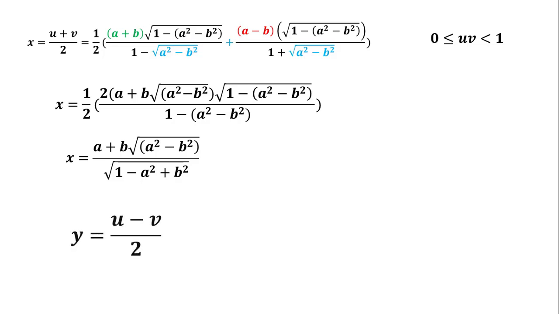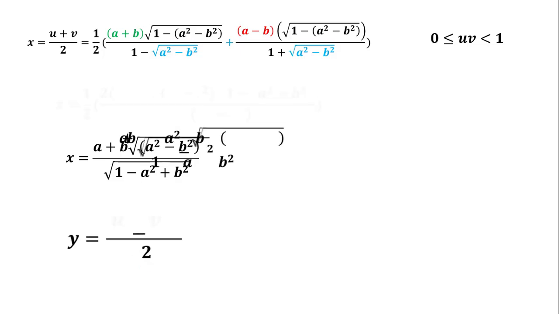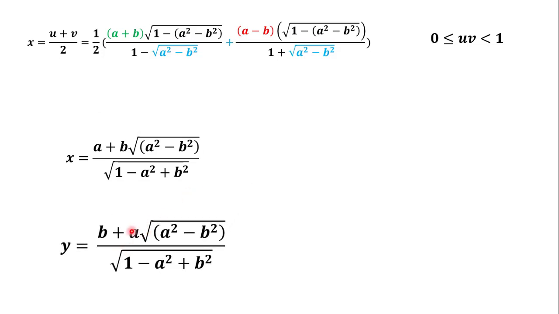y equals u minus v over 2. By replacing u and v, we're going to get y equals (b plus a) times square root of a squared minus b squared over square root of 1 minus a squared plus b squared.